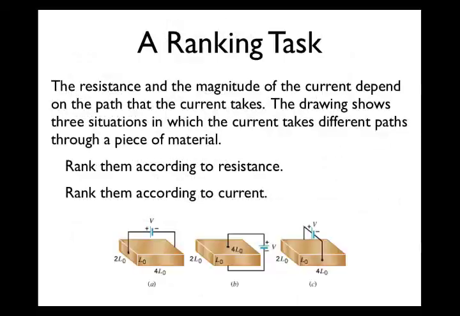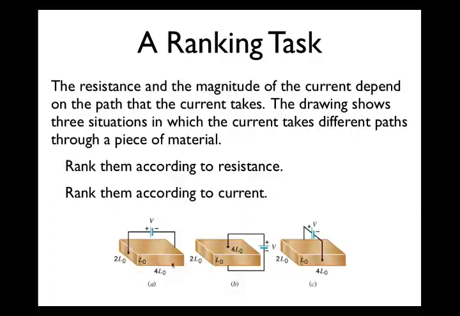So we're going to wrap this up by thinking about a ranking task that tries to put these three concepts together. The resistance and the magnitude of the current depend on the path that the current takes. And in the drawing here we see three situations in which the current takes different paths through a piece of material. So I have three identical blocks.